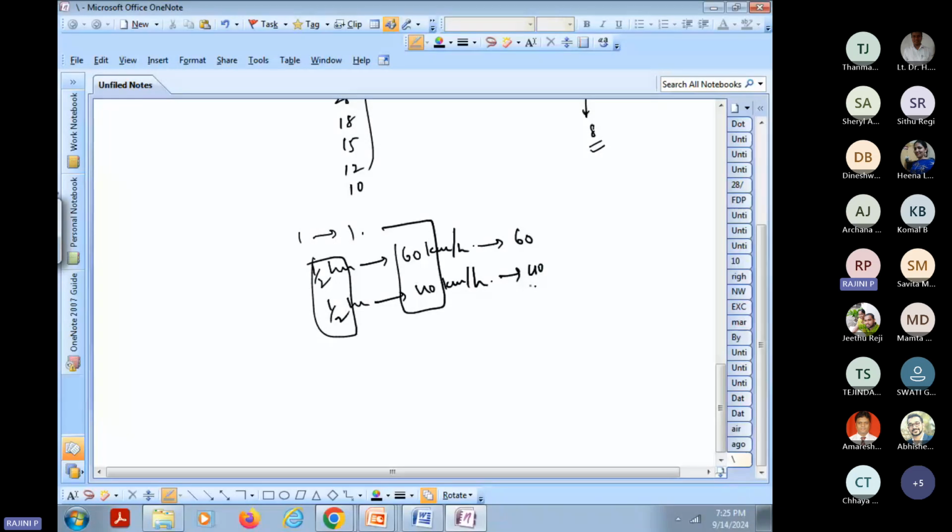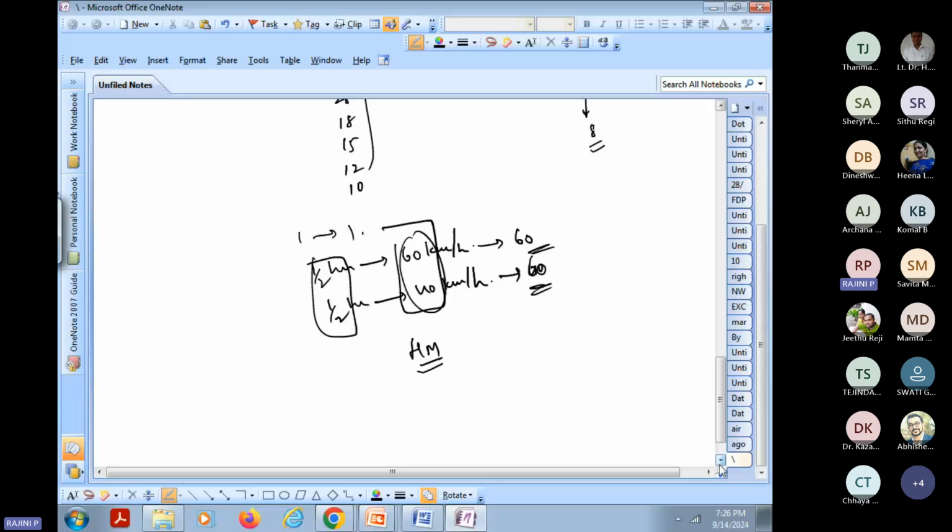The distance of 60 is the same, but the speed is changing, so in that case we apply the harmonic mean. Remember that the distance is the same, but we are using different speeds.